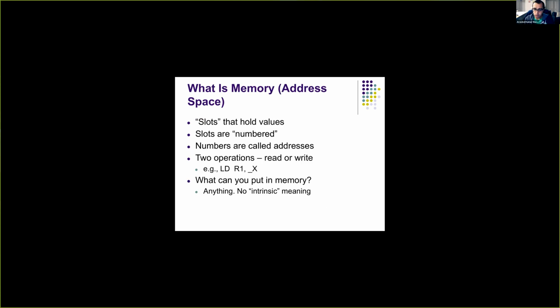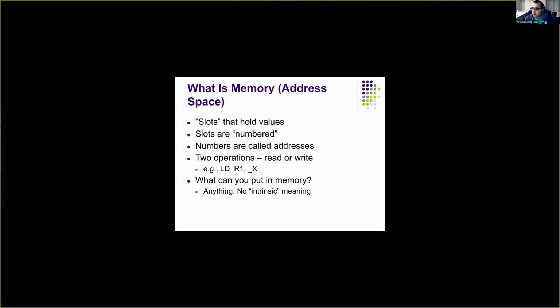What is memory? Memory is just slots that hold values, and each slot has a number which we call an address. You can access memory by using store or load, which also translates to writing and reading. And you can put anything into the memory. Basically, there is no intrinsic meaning to the value that is stored in the memory.